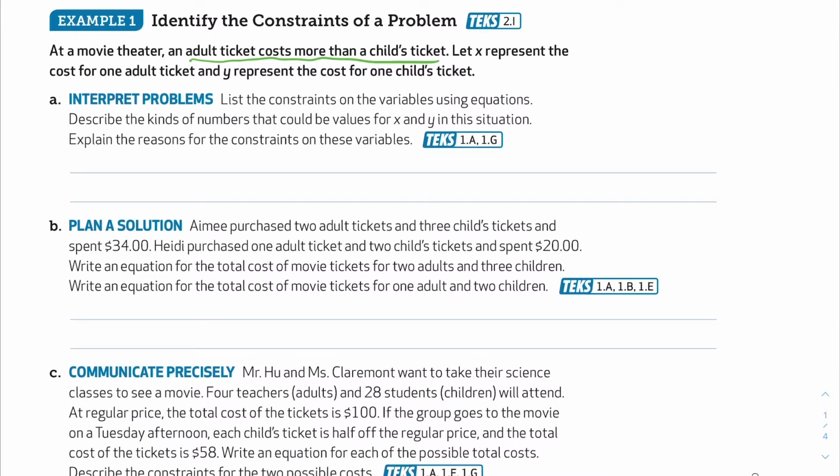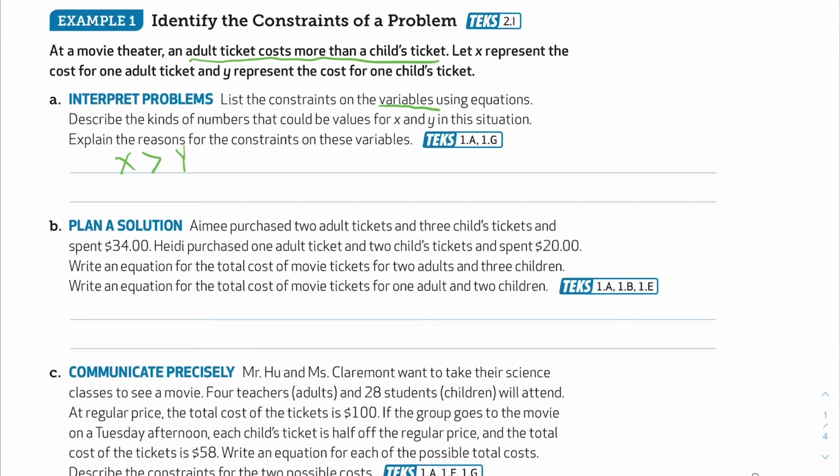I'll go ahead and work with you for this. The constraints are the limits. So we know, and we're going to use the variables, X and Y. The very first sentence says that adult tickets cost more than child tickets.